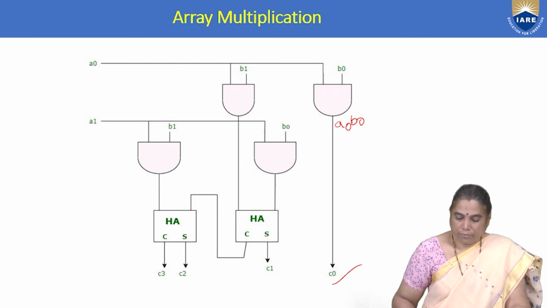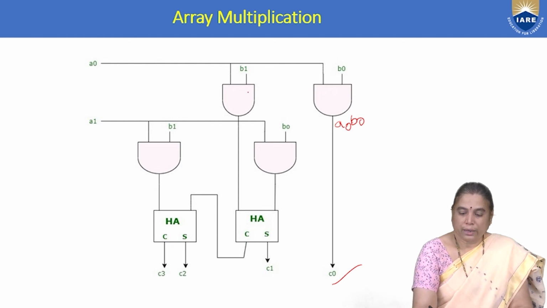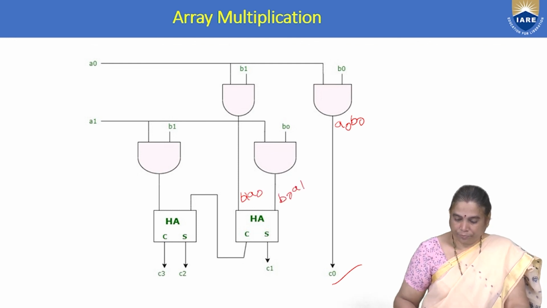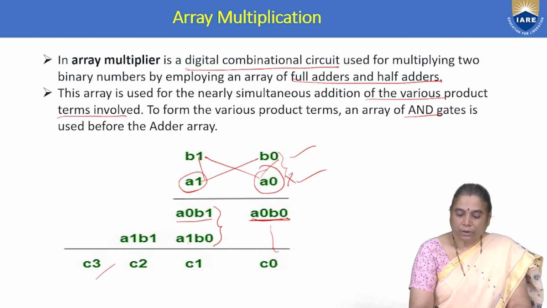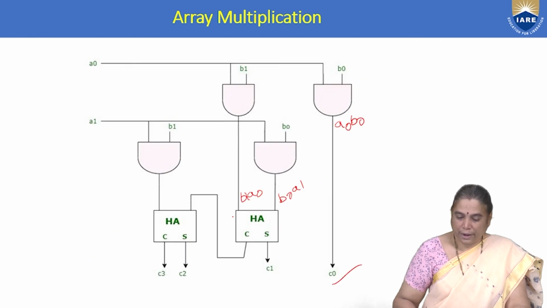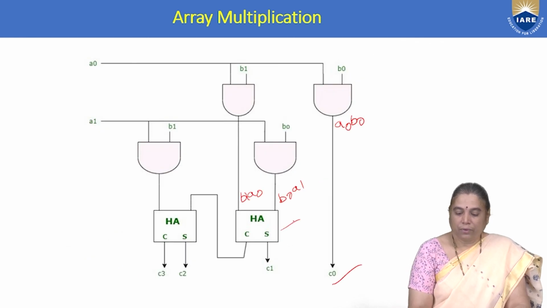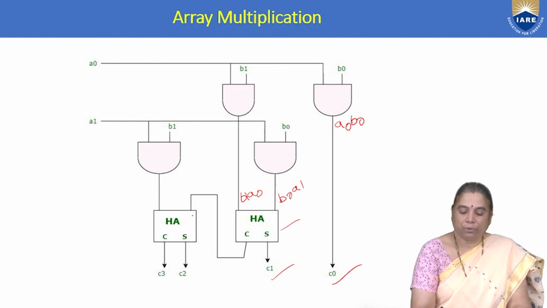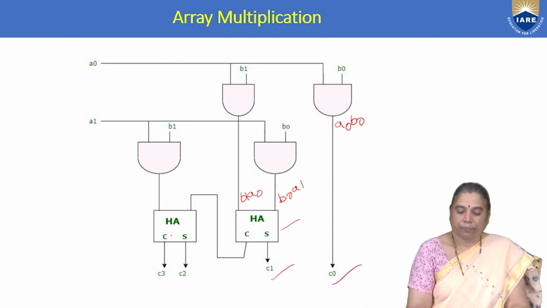The next terms use two AND gates. The AND gates produce B1 A0 and here B0 A1. These two terms have to be added with a half adder. The sum bit is C1, and the carry, if produced, is given to the next half adder, the cascaded half adder.